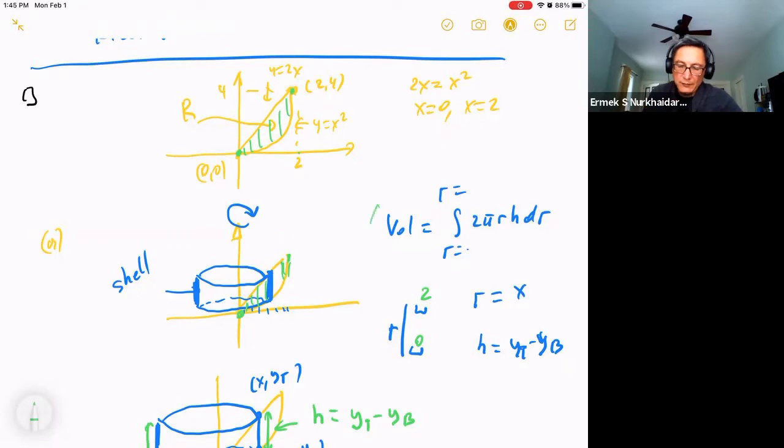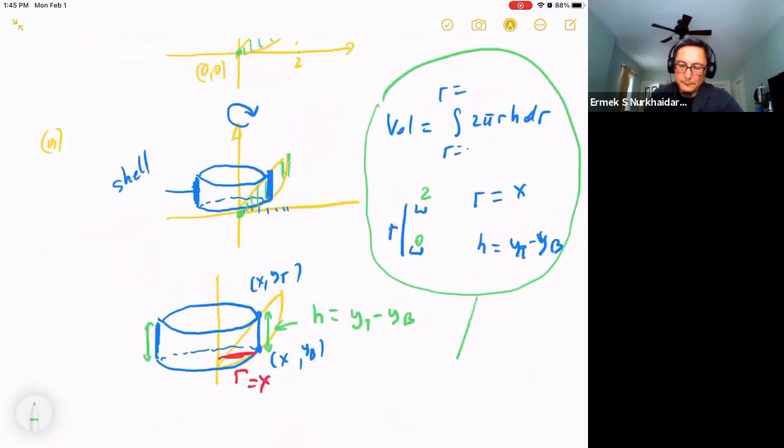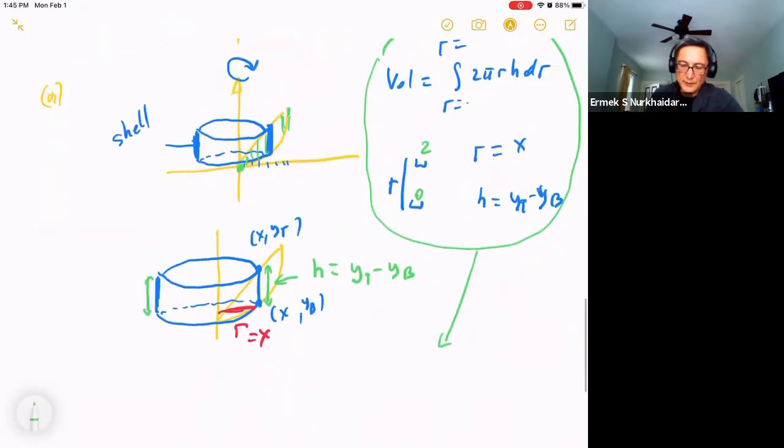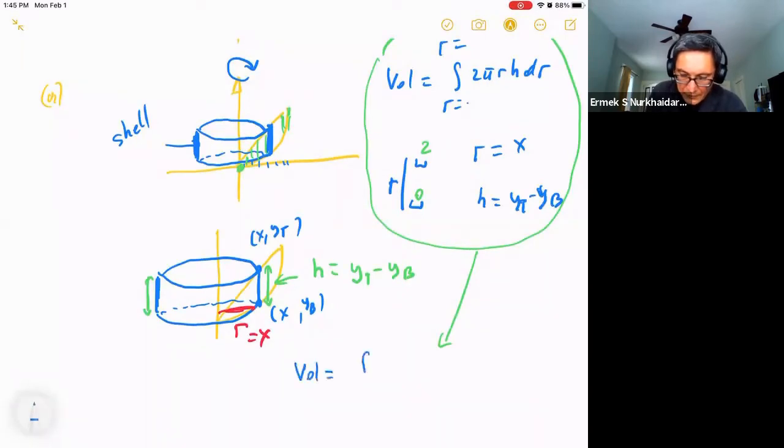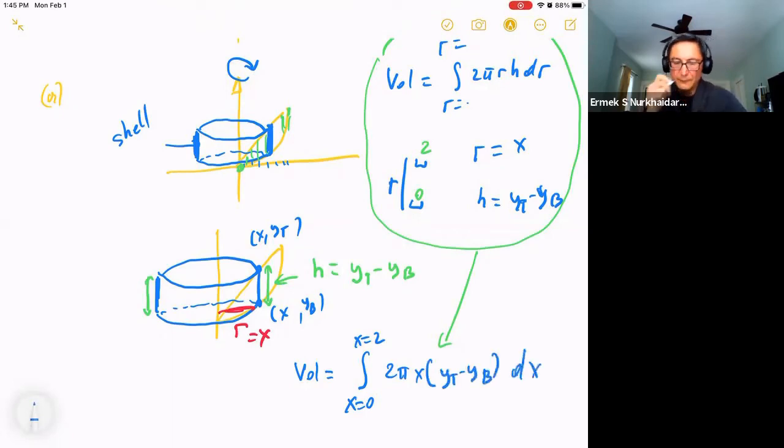Now that we have that information, we can rewrite our integral. Volume is the integral, r is x, x from 0 to 2, of 2 pi x times y top minus y bottom, which is h, dx.